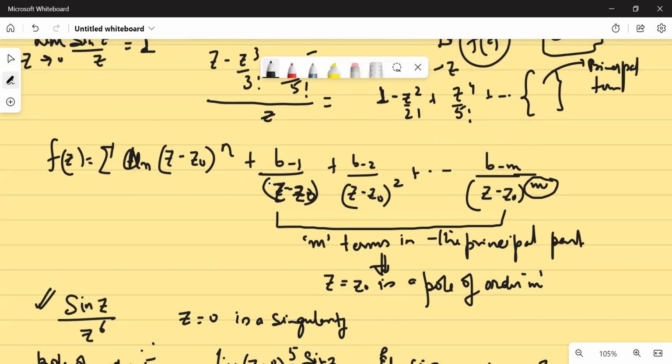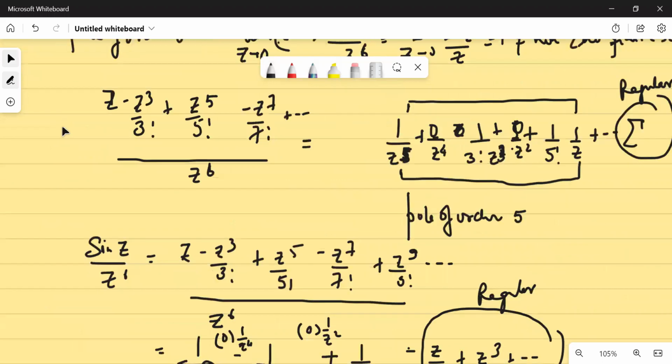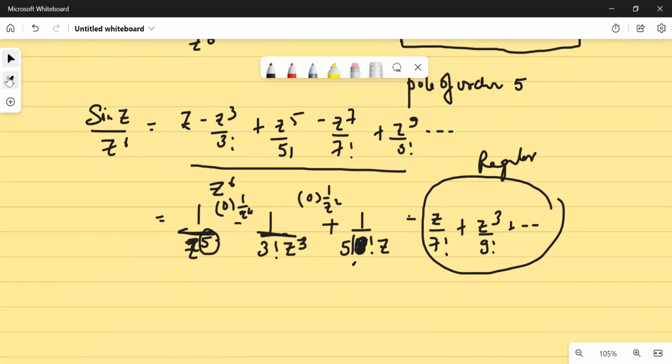Then I had these parts, and I was saying if your principal part contains m terms, so even if by counting you find that there are 3 terms, understand that there are terms in between also, but their coefficient would be 0. Just keep a focus on this particular point. So the highest exponent that occurs over z minus z naught forms the order of the pole. So clearly sine z upon z raised to power 6 at z equal to 0 has a pole of order 5.